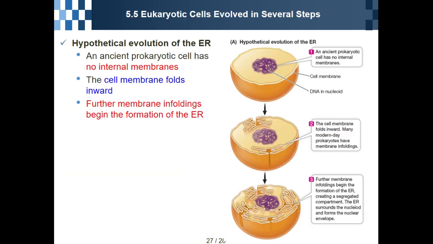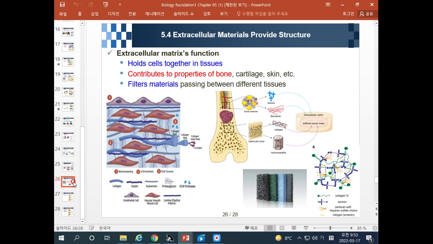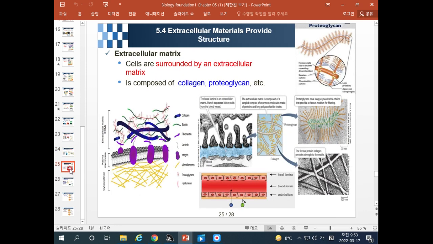Finally, we'll cover how the eukaryotic cell evolved in several steps. Now we will cover evolution. So eukaryotic cell has the extracellular matrix. Prokaryotic cell doesn't have the extracellular matrix, okay? Only eukaryotic cell has the cell wall and also the extracellular matrix.